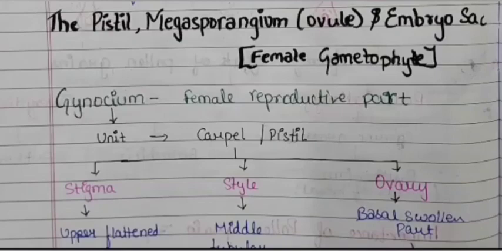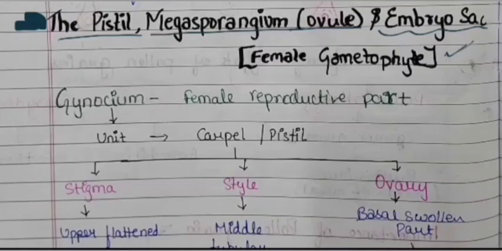Now the next topic we are going to start with is the pistil, megasporangium, that is ovule, and embryo sac, the female gametophyte. Here we are going to take a look at the female parts and their function.